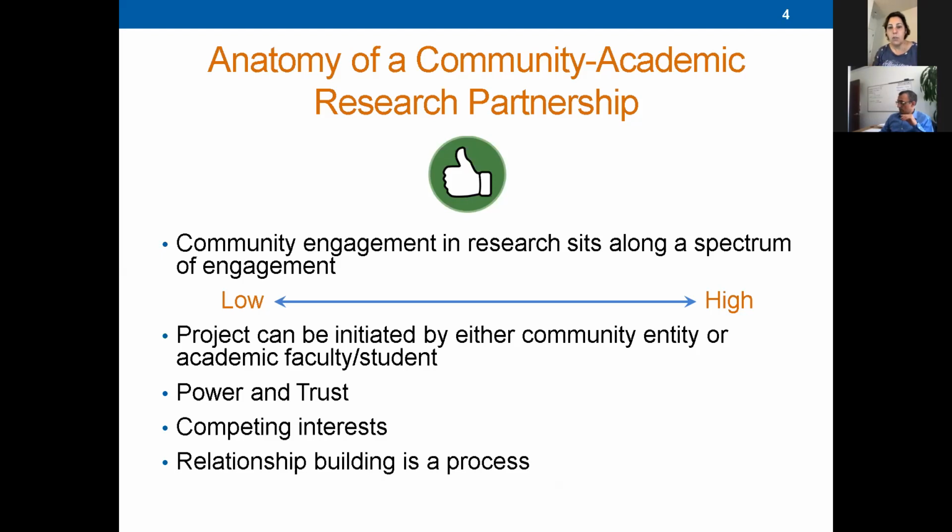So there are a couple of words that I really want to highlight here. This is research, or it has to lead to a research project. And when I say research, sometimes we get stuck on, do you mean program evaluation or quality improvement? All of that.